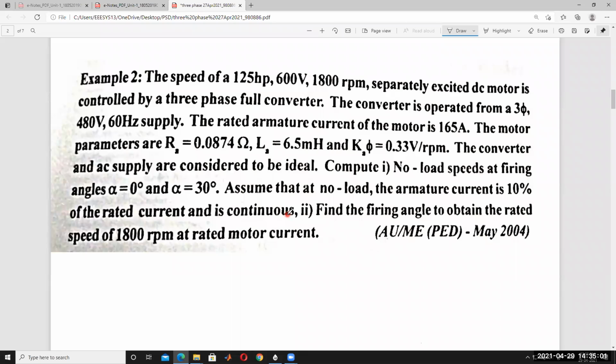Second one, find the firing angle to obtain the rated speed of 1800 rpm at rated armature current. I'll write first.